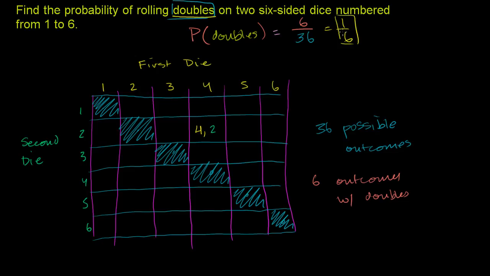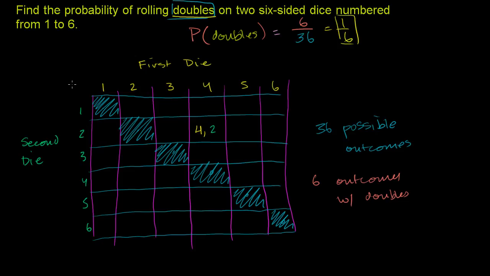But another way you could have thought about it is, let's just roll the first die. It's going to have some number on it. Now, in order for me to have doubles, the second die has to have that same exact number on it. So I don't care what the first die gets. It could be a 3, a 4, a 5. But after I've rolled that first die, what the second die rolls matters.